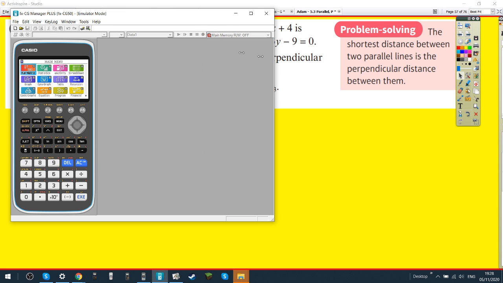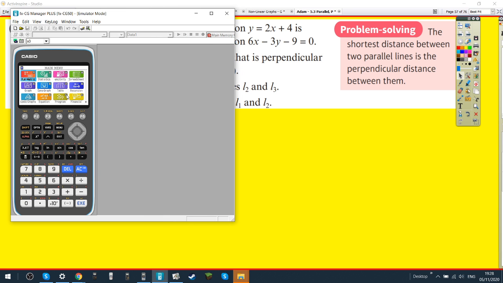If I was to graph this, I'll make it bigger in a second. So y equals 2x plus 4, and then the other one would be y equals 2x minus 3, I think.